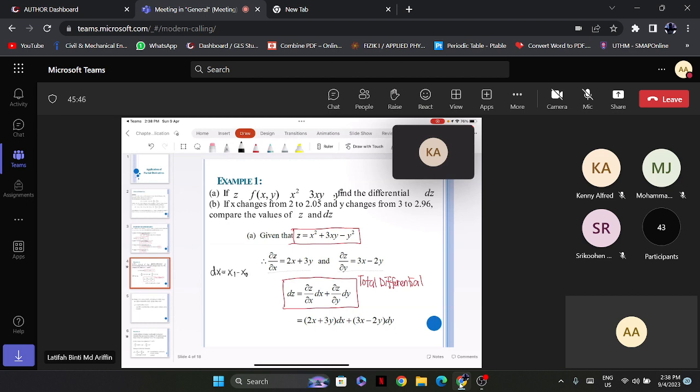So what is x naught y naught? X naught y naught adalah sama dengan (2, 3), betul? What is x1 y1? x1 y1 is (2.05, 2.96). Setuju? Do you agree? Based on the information given in example 1b.